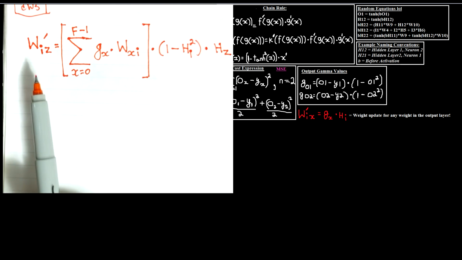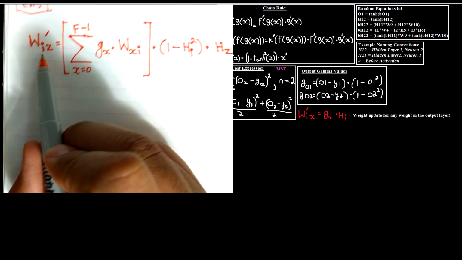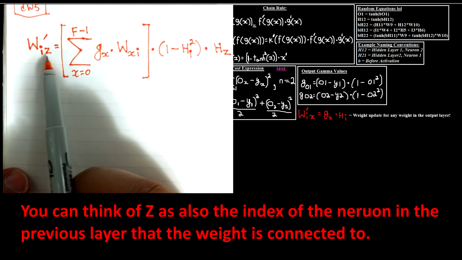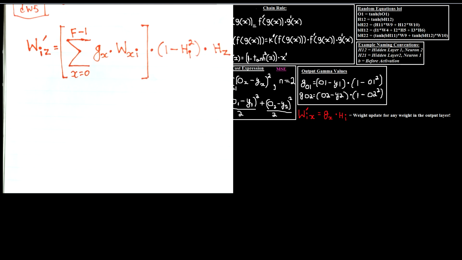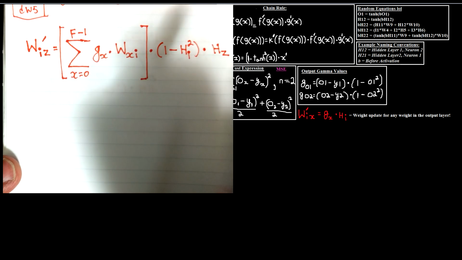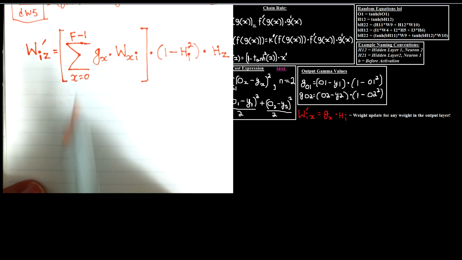So now I've just written down a formula that will allow us to update any weight that we want in any of the hidden layers. But first, let me go through some of these terms. The I is the index of the neuron that it's connected to. Z is the index of the weight within that neuron. F is the number of neurons in the forward layer, minus 1, because we want to deal with indices and we start from the 0th index.